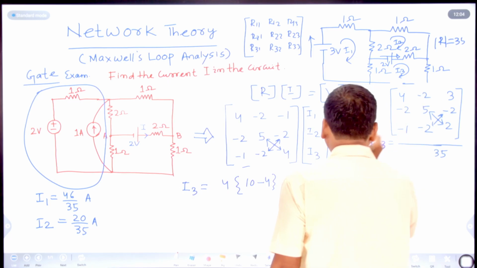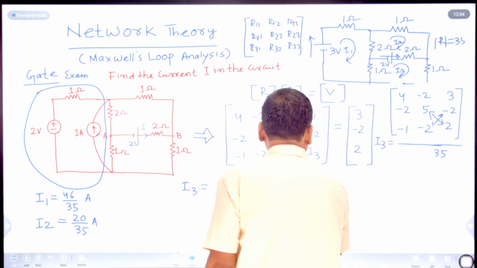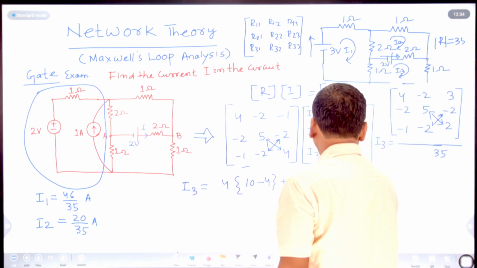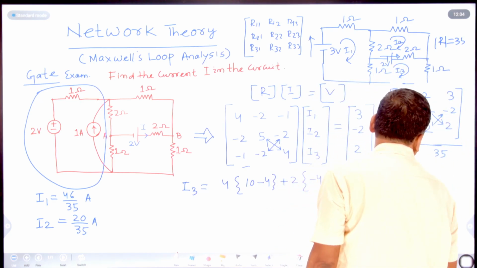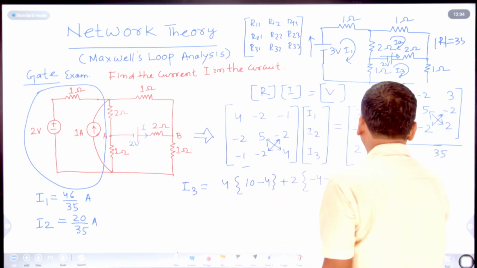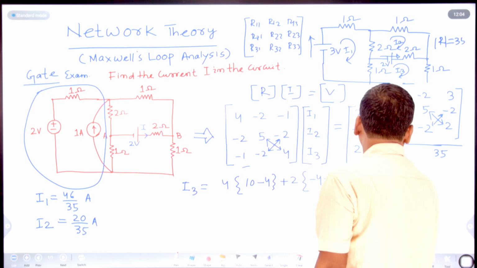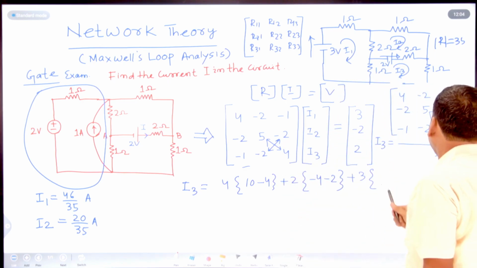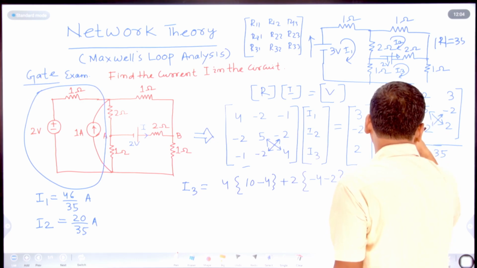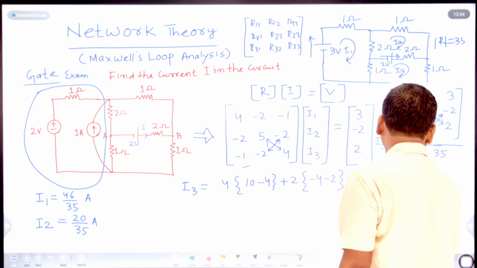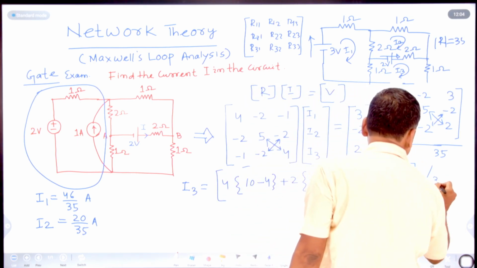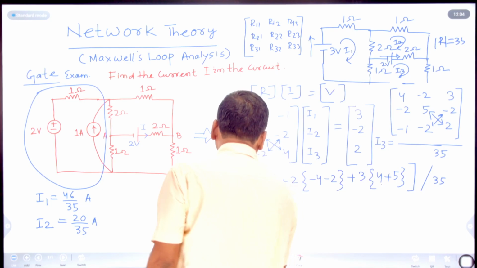Then 2 whole into, if you close this, 2 into minus 2, that is minus 4, minus minus plus, that is 2. Again plus 3 whole into 2 minus 2 into minus 2, 4, plus minus minus plus 5, this divided by 35. The value becomes what?